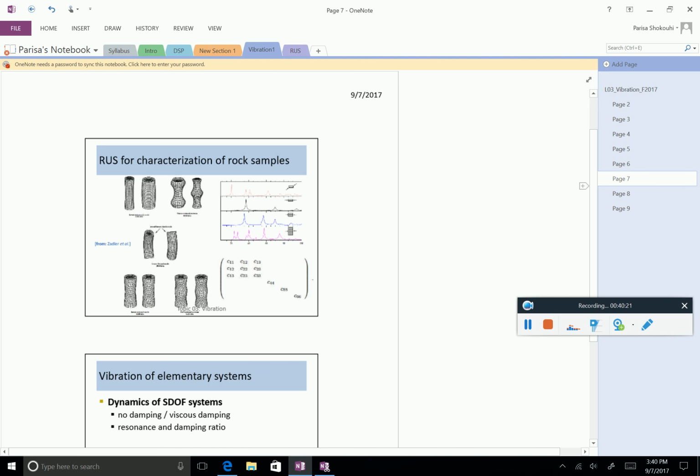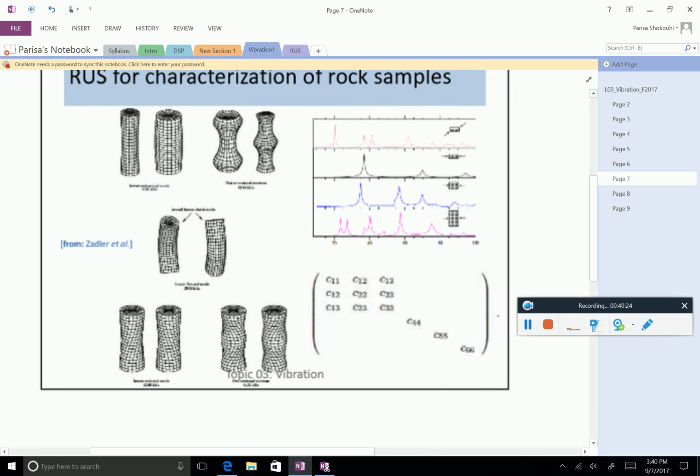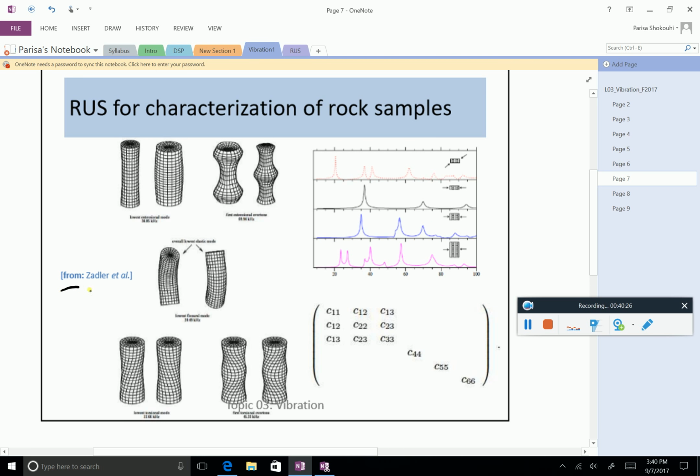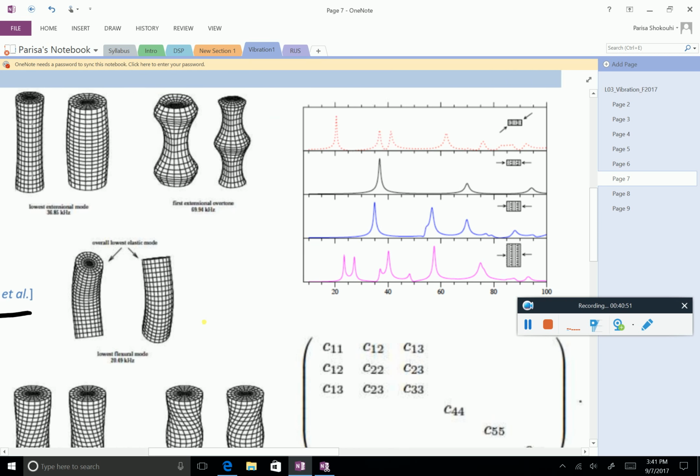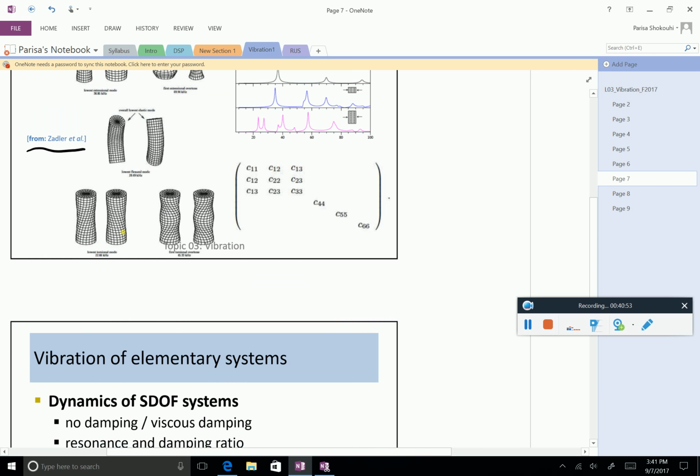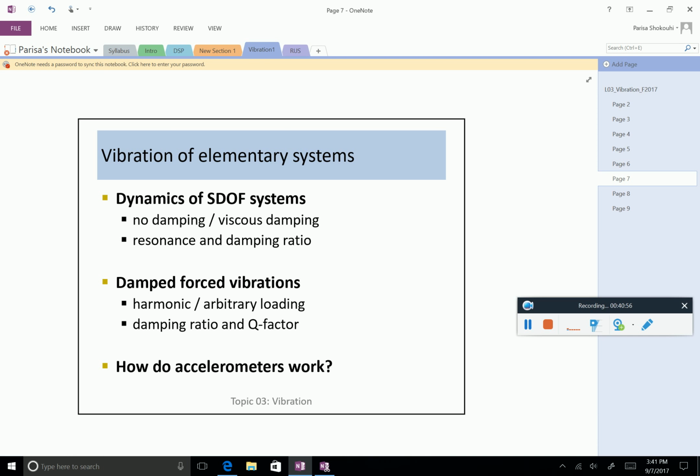There is another paper, which is probably easier to read, with more details on how to go from the spectra to the elastic constants, if anyone is interested in that. So you can see how the different modes of vibration look, and how typical resonance curves look. Now, this is just basically motivation to tell you why we are learning about vibration.